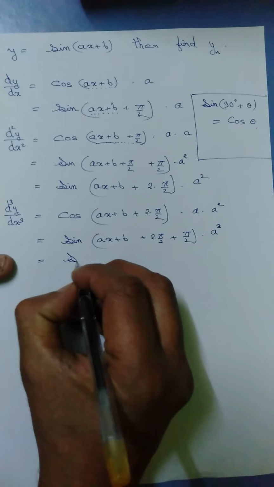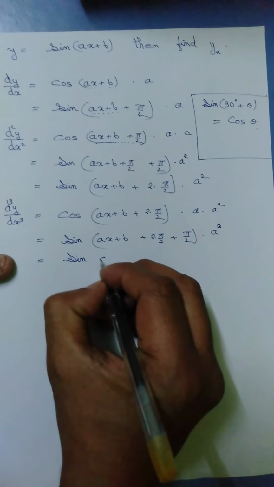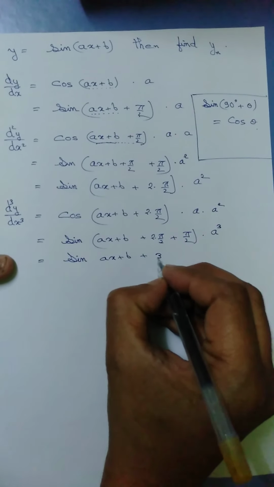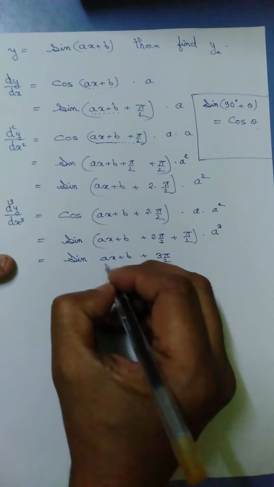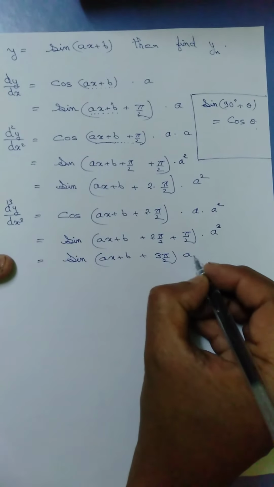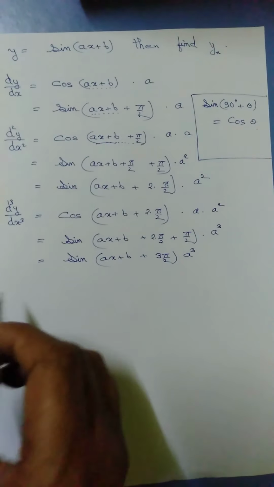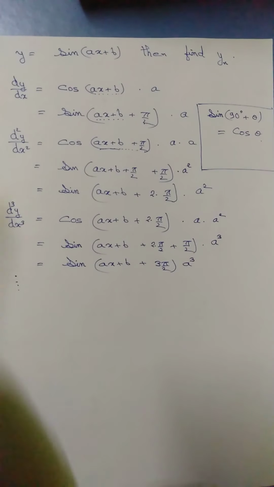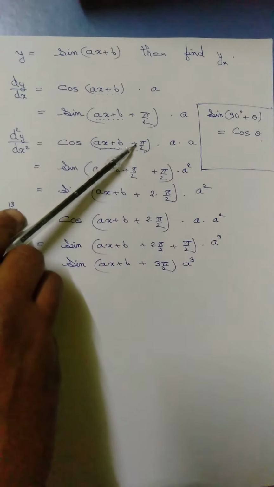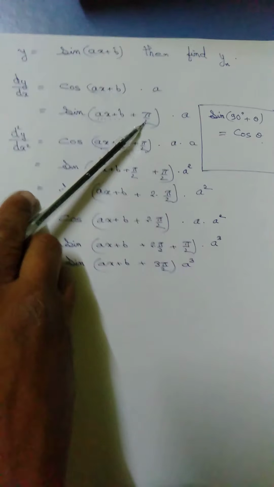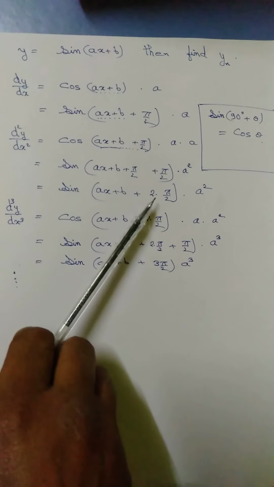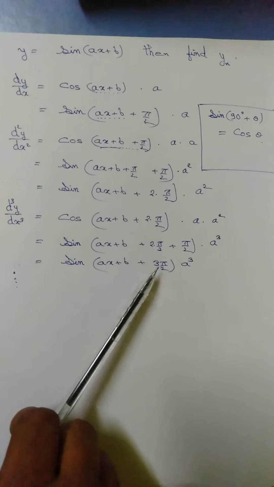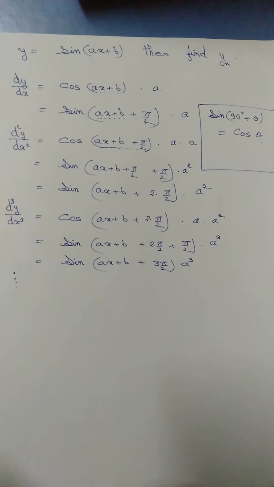That's sine of ax plus b plus 3 pi by 2 into a cube. Now if you proceed, first differentiation 1 times pi by 2, second differentiation 2 times pi by 2, third differentiation 3 times pi by 2.